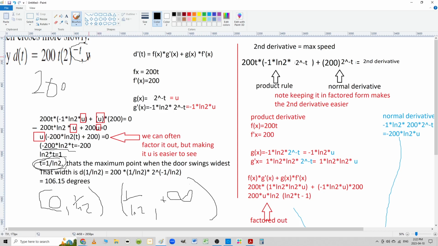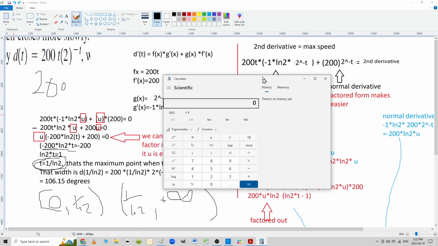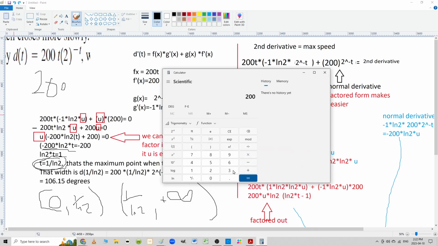if I put 1,000 up here, let's try it. 200 times, well, let's take 1,000,000. 200 times 1,000,000 times 2 to the power of negative 1,000,000. Let's do the 2 to the negative million first.